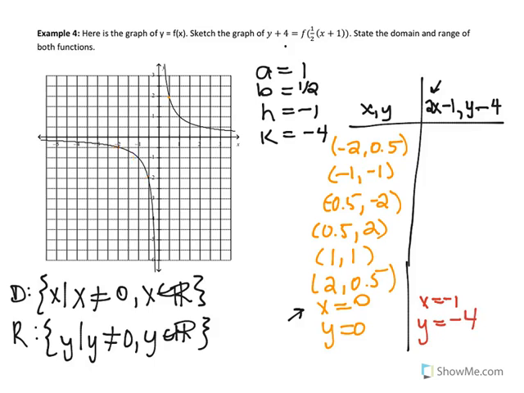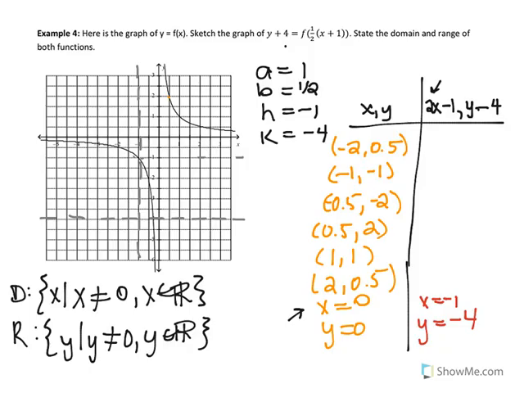So I'm going to go in and plot those first, because that's going to help us graph. So x is negative 1. y is negative 4, my bad. Okay, there we go.